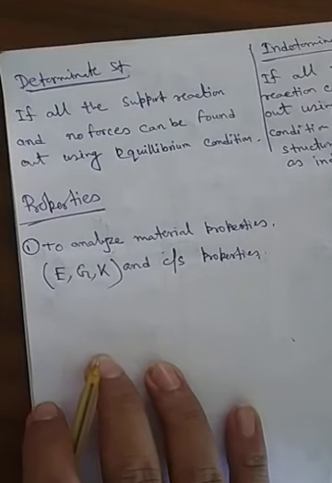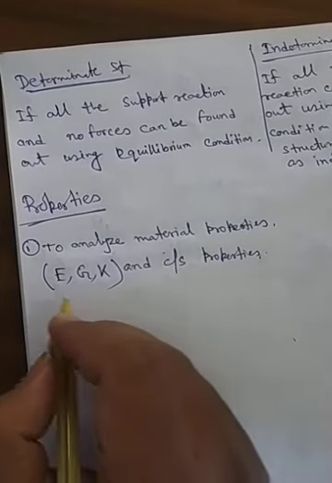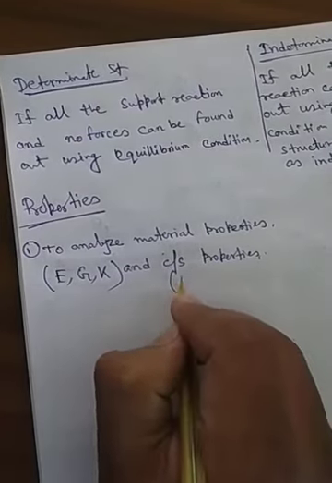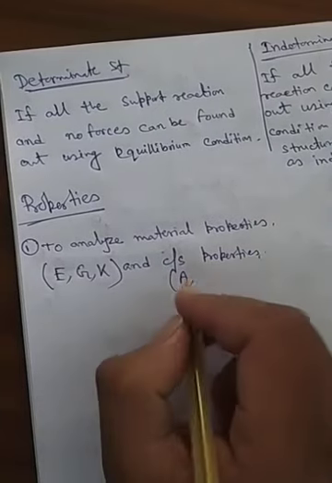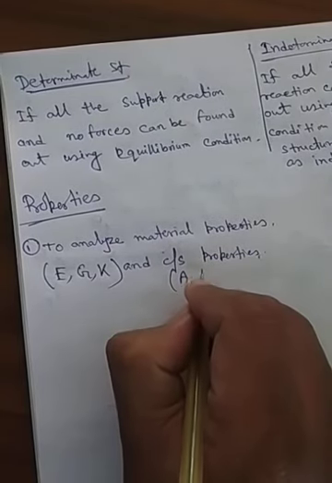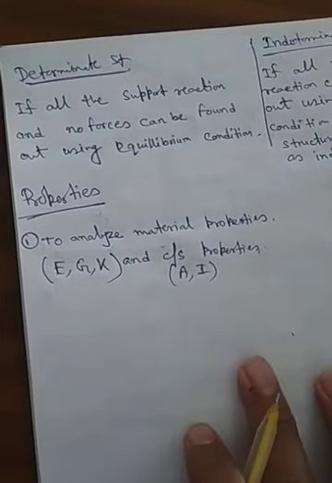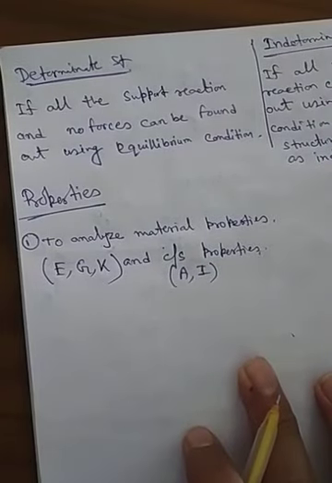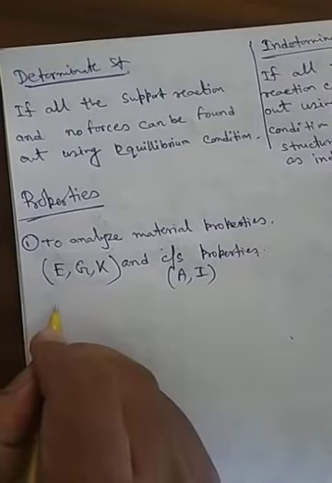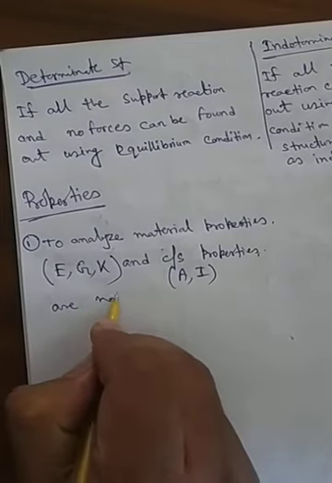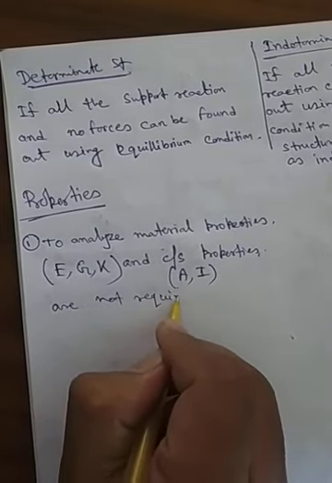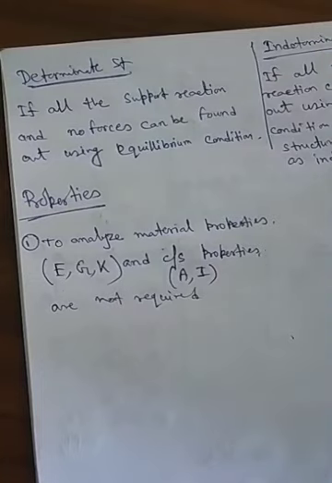Cross section properties like the area of cross section and the moment of inertia. These properties are not required in case of determinate structure to analyze it.